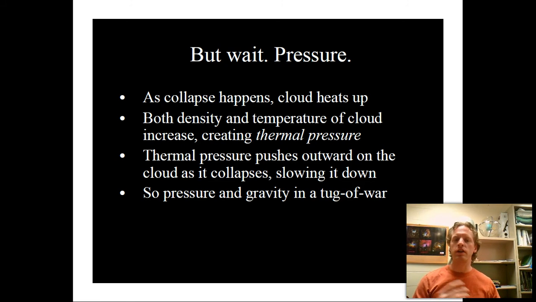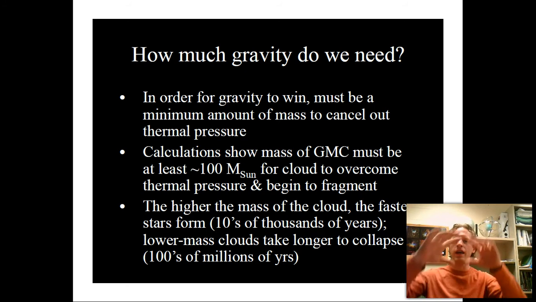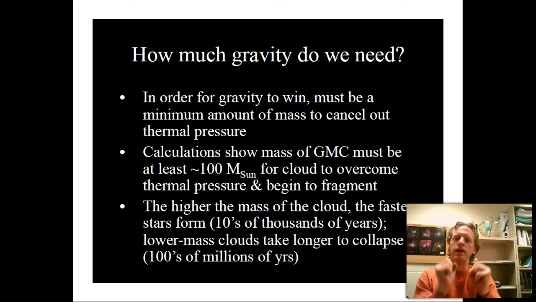These things are basically in a tug of war, and this is a theme that we'll go back to. This outward pressure is working against the inward gravitational pull throughout this entire process. And as it turns out, in order to actually build stars, you need at least 100 times the mass of our sun in that cloud to even begin the process of gravity forming these little pockets.